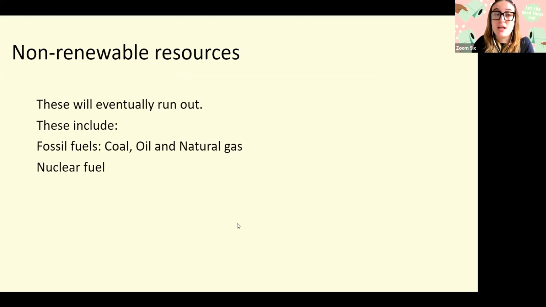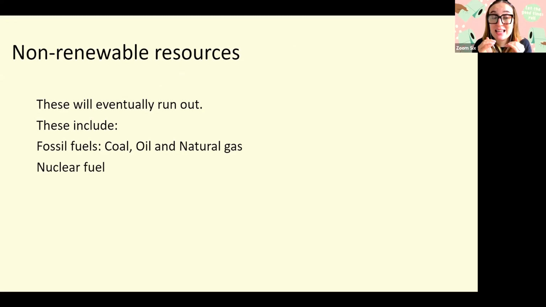So the two main types of energy resource we need to know about are non-renewables and renewables. Now, non-renewable resources are called non-renewable because they will eventually run out. And that is your major definition of a non-renewable resource.